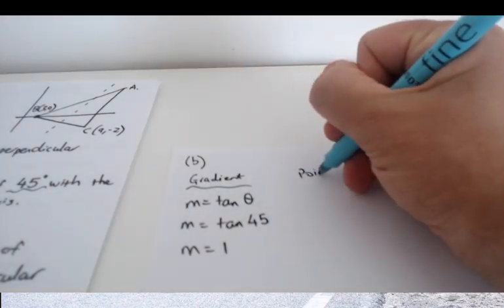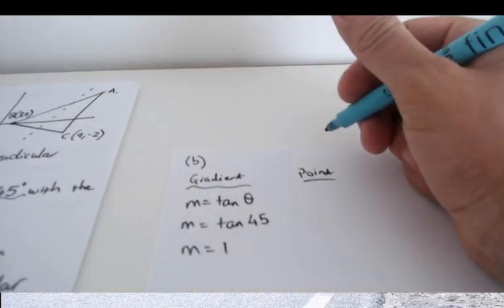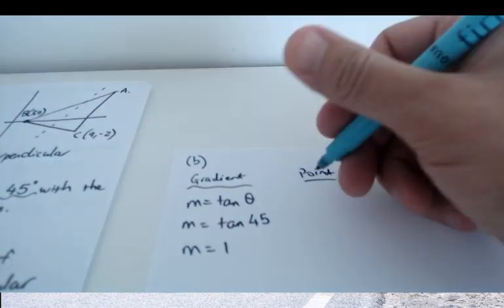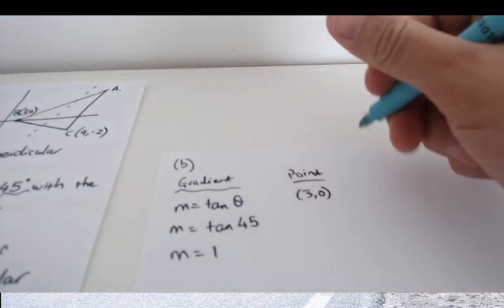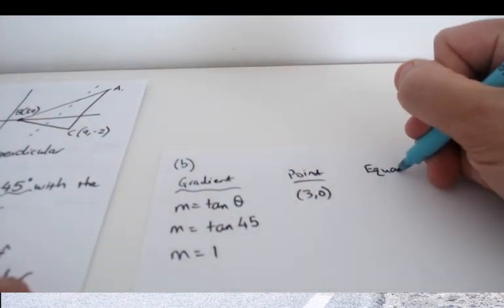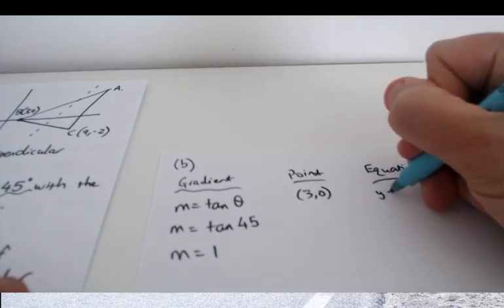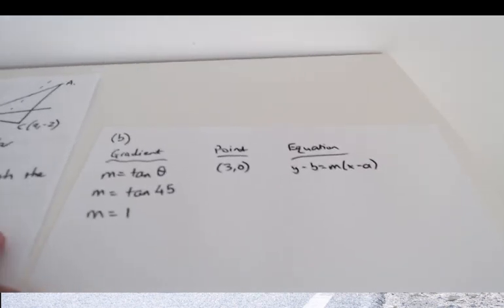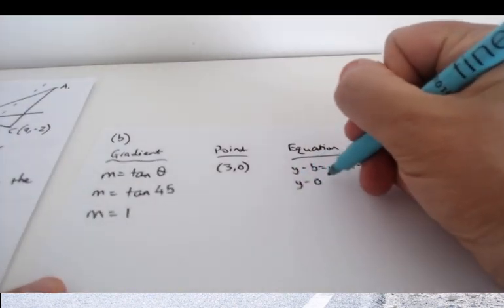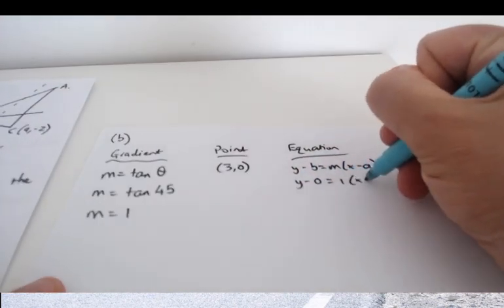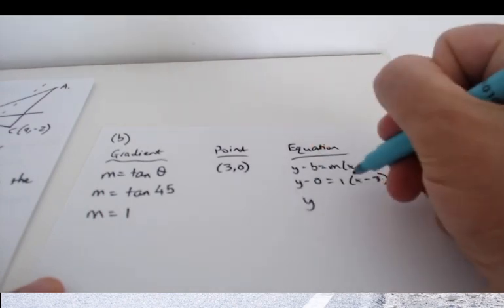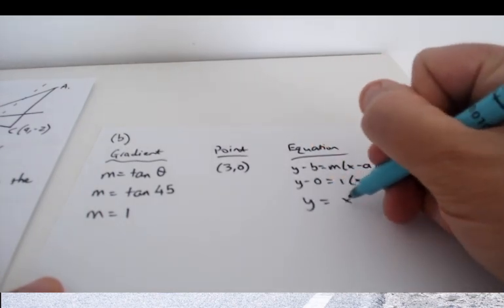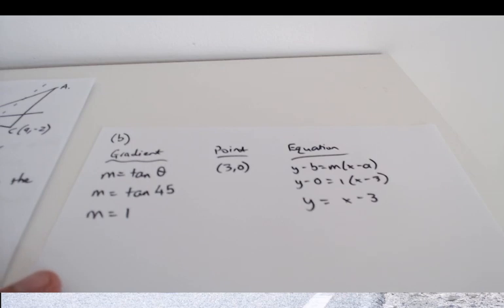Point, well, it's the equation of line AB. We already know the point that lies on the line, 3, 0. Equation: fill in your information. y take away 0 will equal 1 bracket x minus 3. y take away 0, well that's just y, multiply out the bracket, and we're straight to the answer.